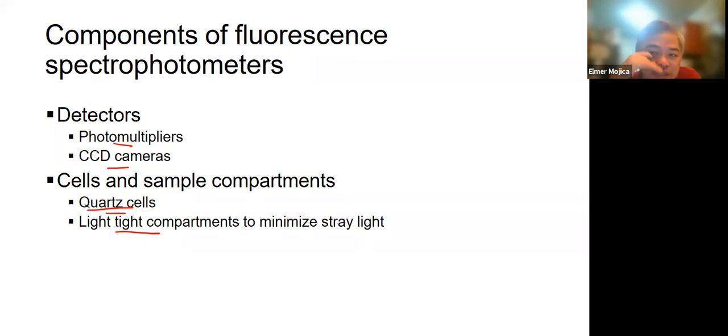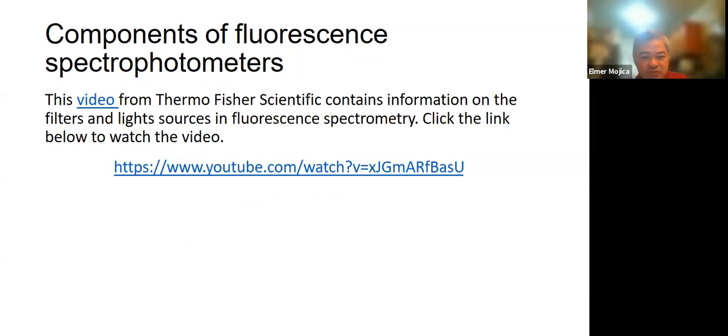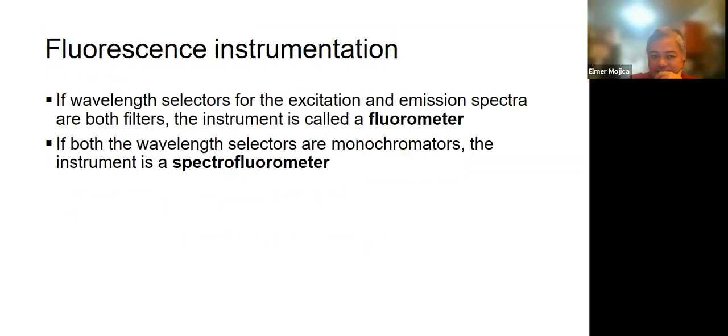Because if you have an open system, there could be stray lights that will affect the system. And if you work in the dark, you will see the glowing of your sample when you hit it with your light source. Yun yung maganda dito sa fluorescence na to. Okay, now you can watch the video about the filters and the light source in this link.